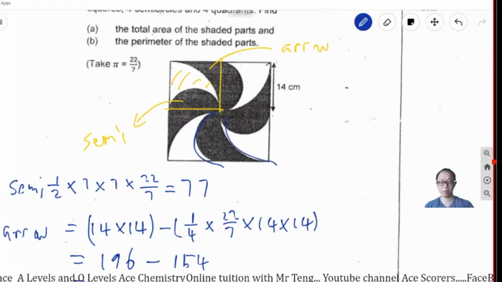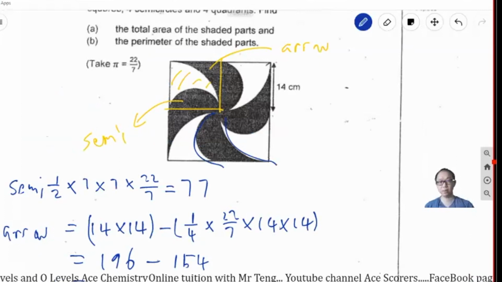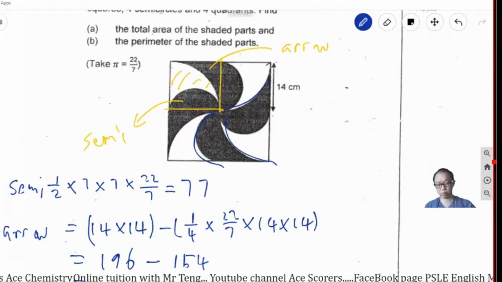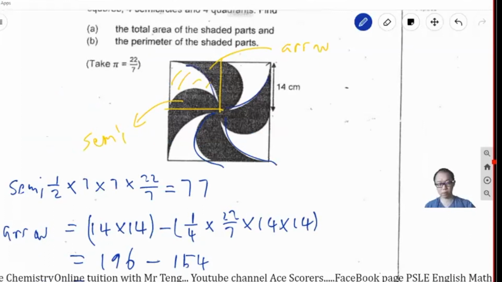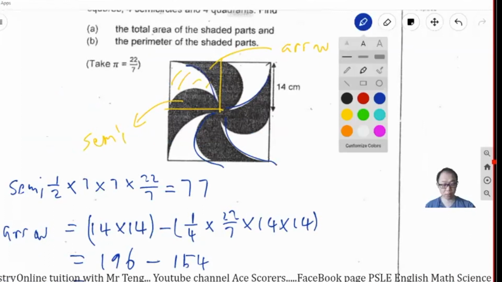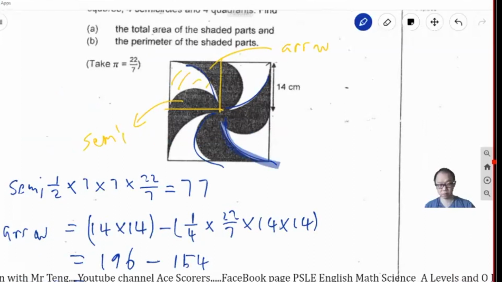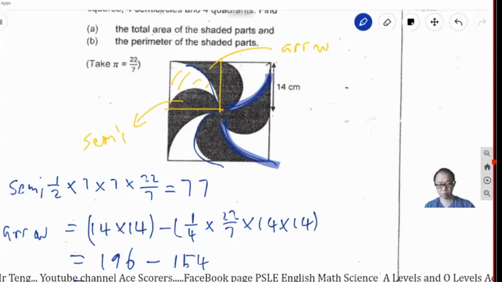But there's a neat trick here. Now, how many quadrants are there? There are 4 of them. Gotta use a highlighter. This is 1, 2, 3, and 4.